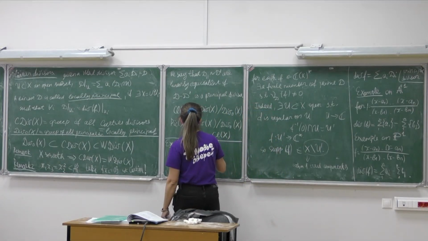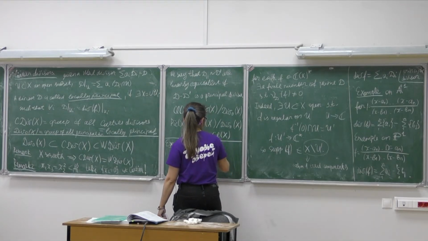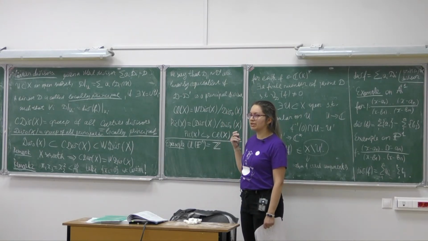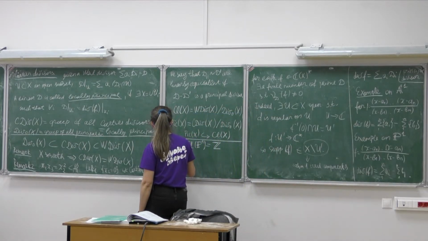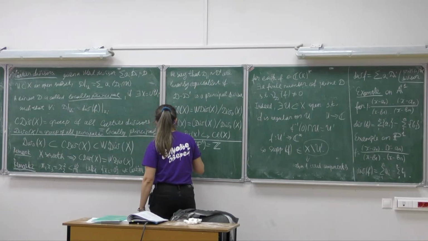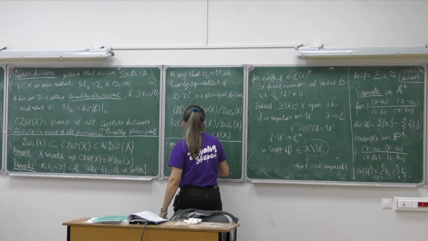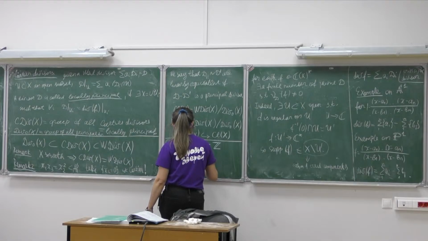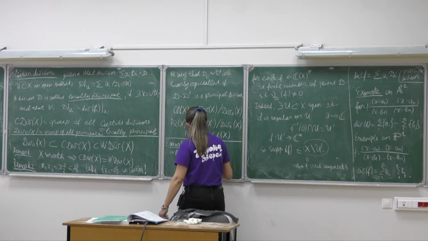So I state that the class group of P1 is Z. Indeed, take two combinations of points with equal sums in the group of Weil divisors, the sum of a_i D_i and another divisor, the sum of b_i D_i.